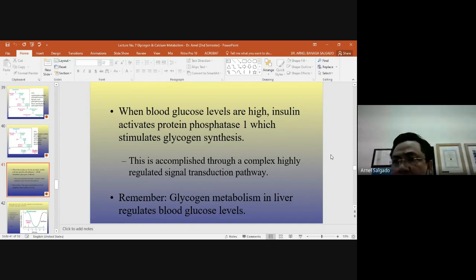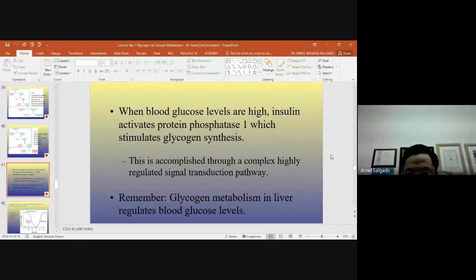So we will deposit excess sugar in the liver and the muscles. This is accomplished through a complex, highly regulated signal transduction pathway. It's very complex, that I will show you later on. I will show you a complete picture in layman's terms.